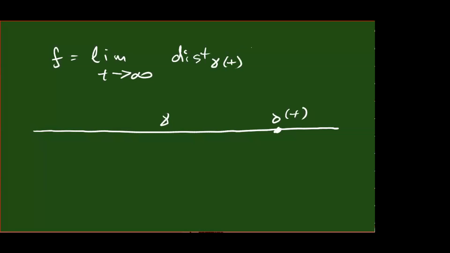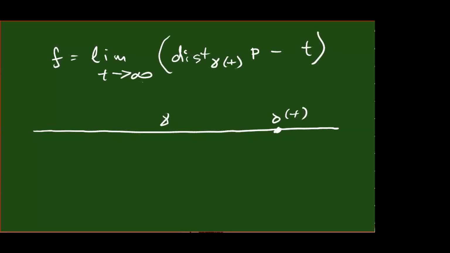So I may take gamma of t and consider the function f, which is the limit as t goes to infinity of the distance from gamma of t to a point p minus t.